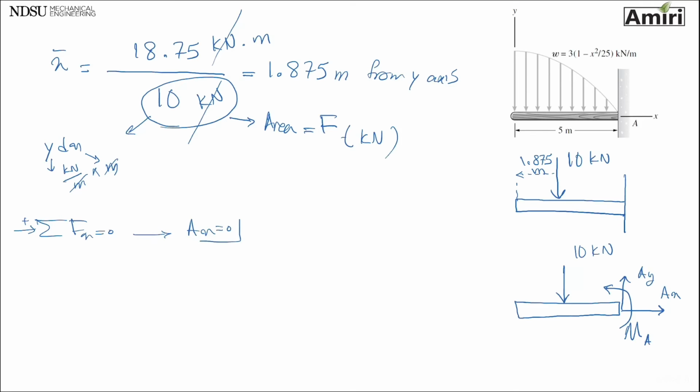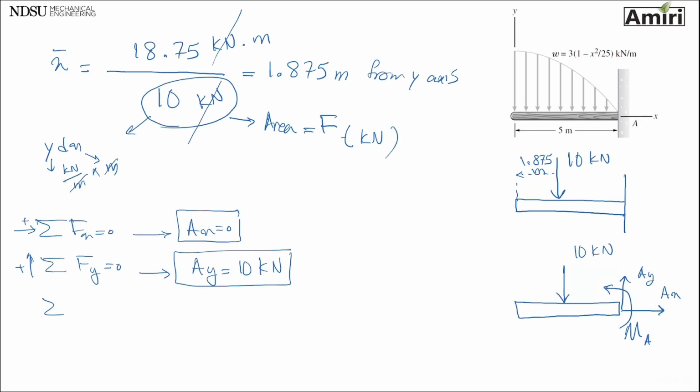We get Ax equals 0. Then we can write summation of forces in y being 0. And that means Ay is going to be 10 kilonewtons. Summation of moment about point A being 0.